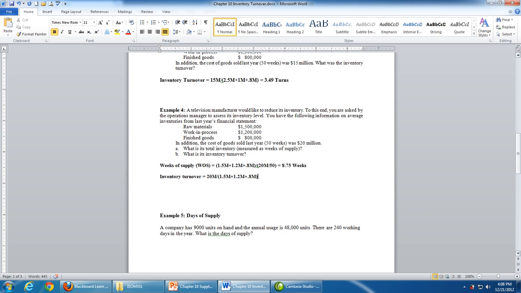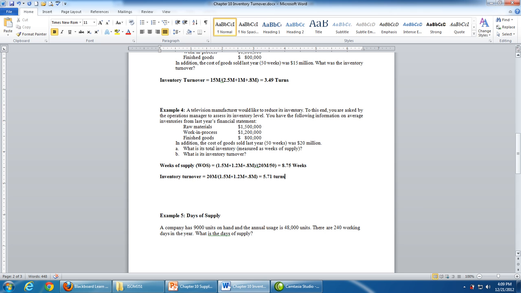Inventory turnover is equivalent to 5.7110. Organizations prefer to have a high number of inventory turnovers. The higher the number of turnovers, the better the organization can turn inventory into cash.